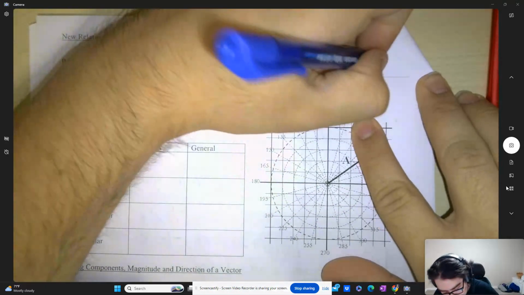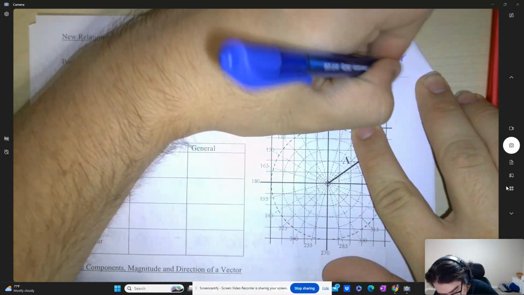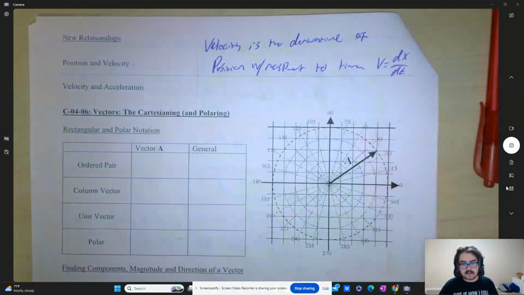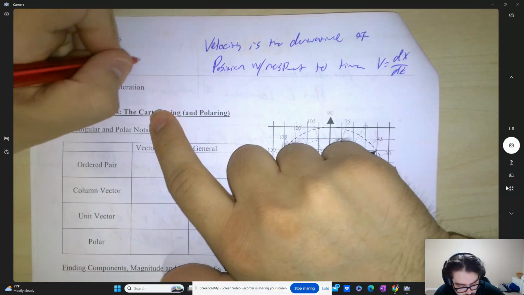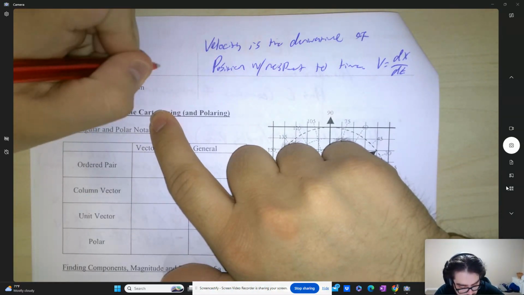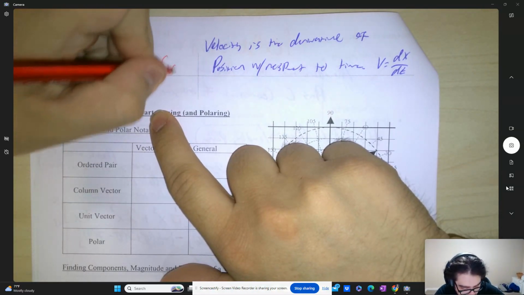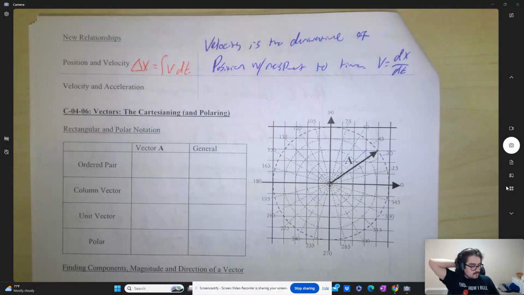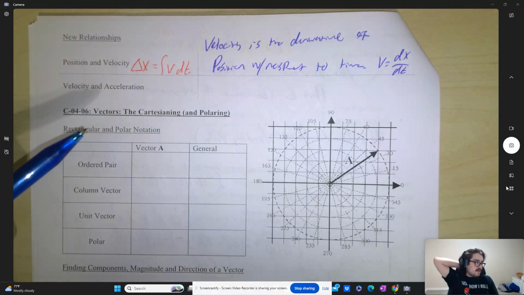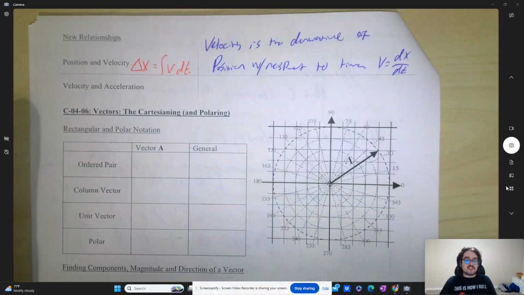In other words, v is equal to dx over dt. You should also understand that the change in position is going to be equal to the integral of velocity with respect to time. That's change in position, not position, but change in position.